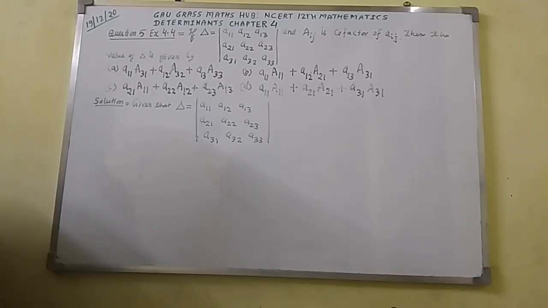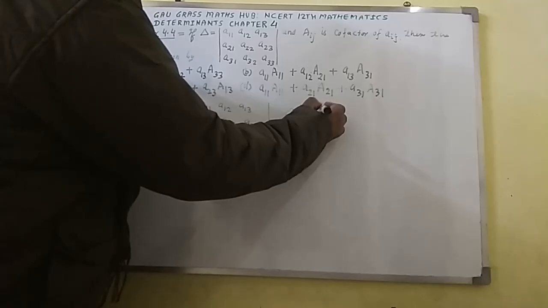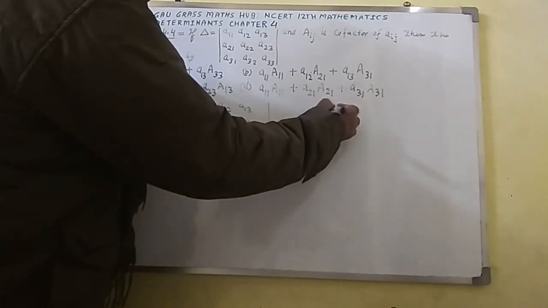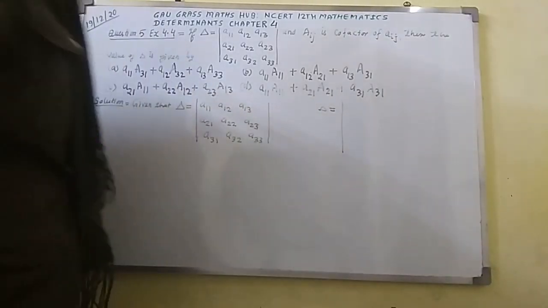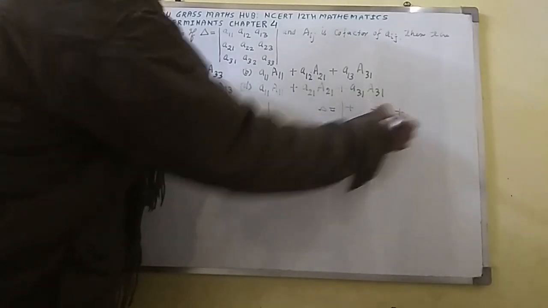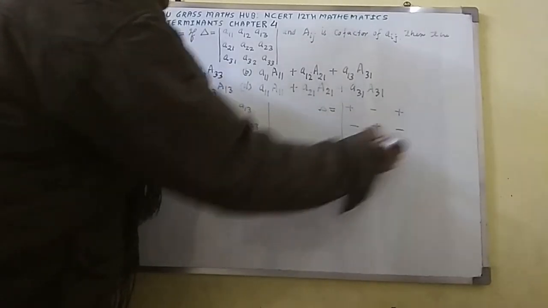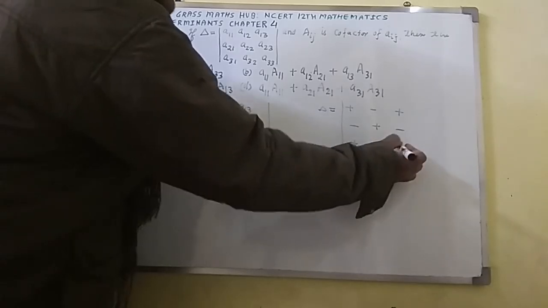Here I am going to expand this delta along the first row or the first column. First of all, I shall expand this delta along the first column. For remembrance of the notion of sign, I can write here plus minus plus, minus plus minus, plus minus plus.